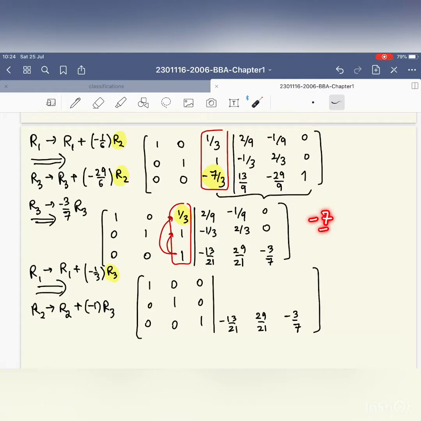Negative 7 over 3, and then subtract, so it's a plus 13 over 27. Sorry, it is negative 7 over 21. You multiply by 7, and then plus 13 over 21. Is it? So you have what? 6 over 21. Is that correct?